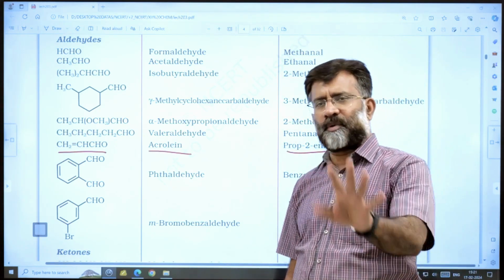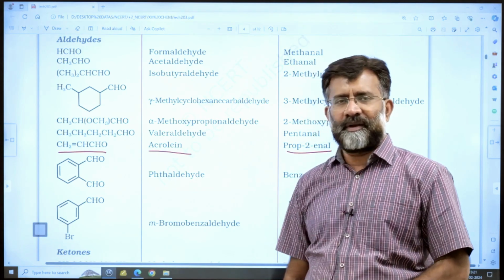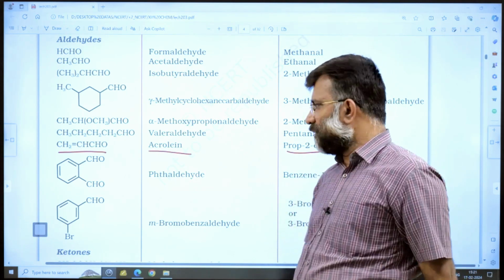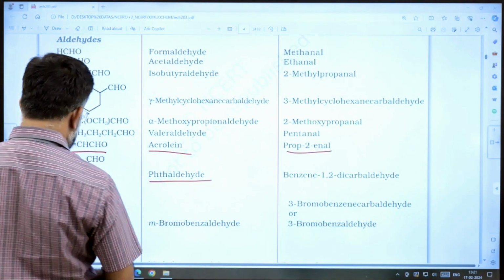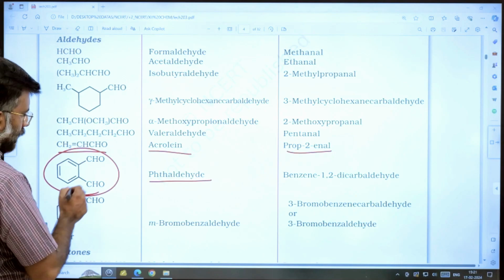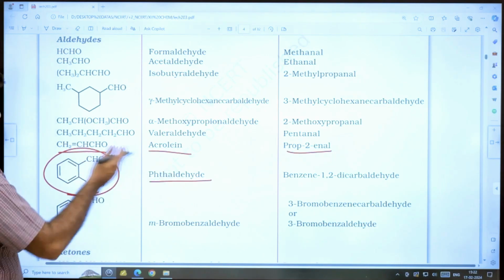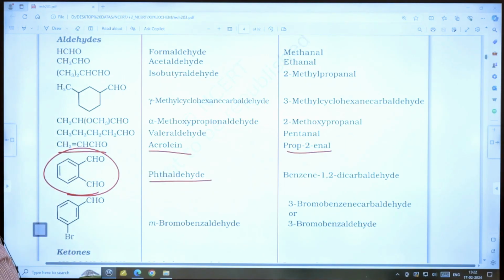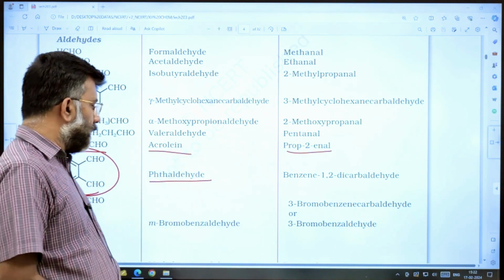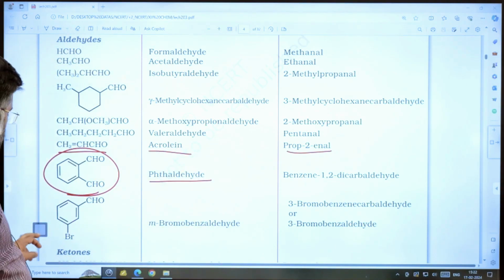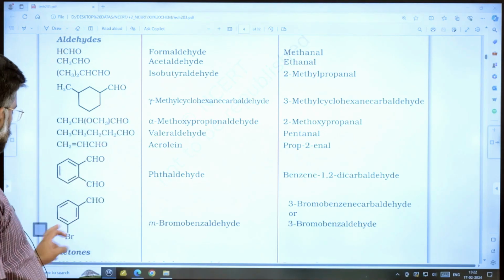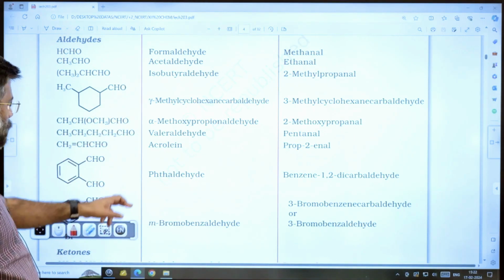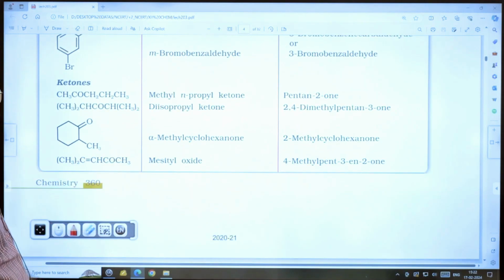There is only one compound, so it is simply propenal, acrolein. This is phthaldehyde. You know phthalic acid. Phthalic acid has COOH. This is phthaldehyde, benzene 1,2-dicarbaldehyde, the complementary compound related to phthalic acid.